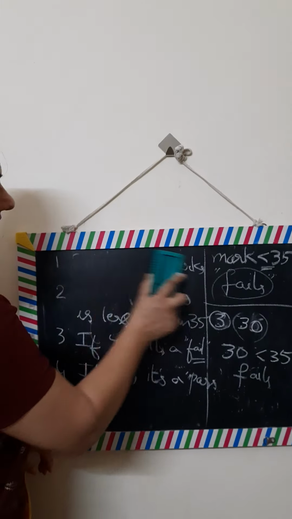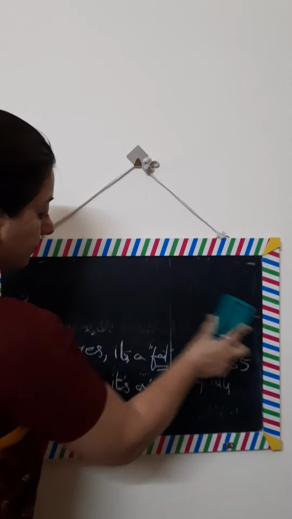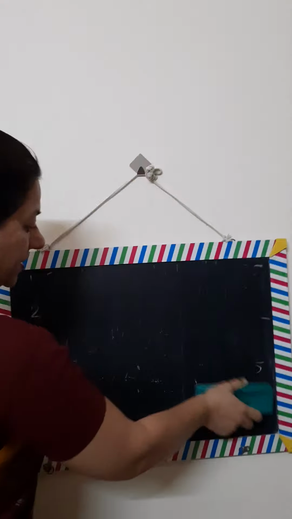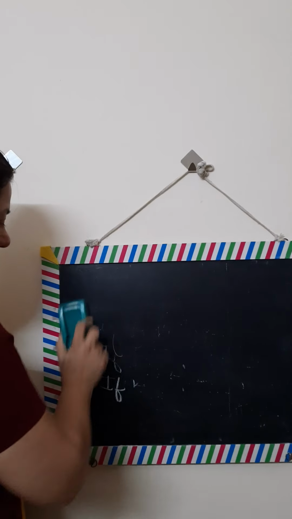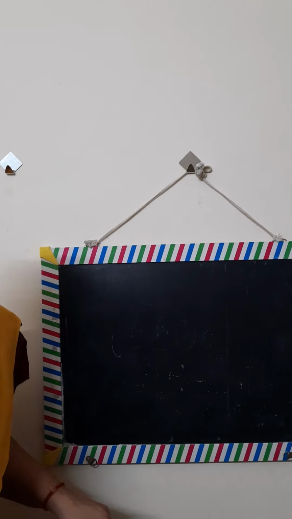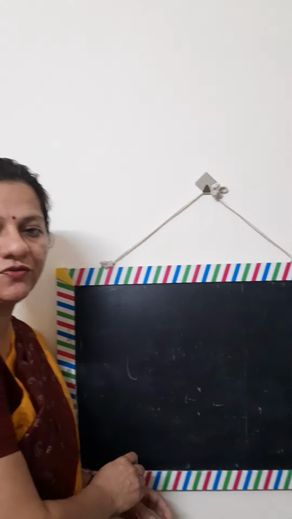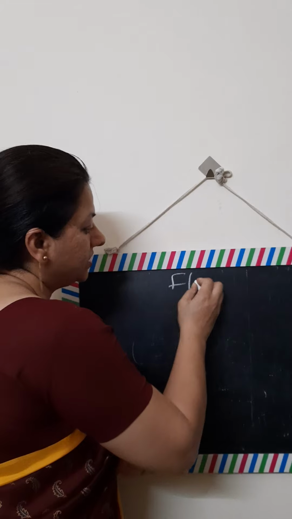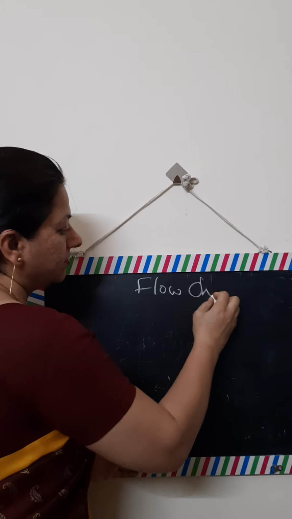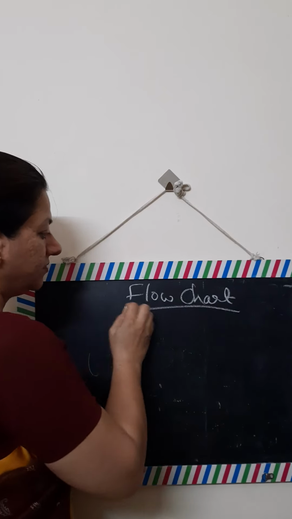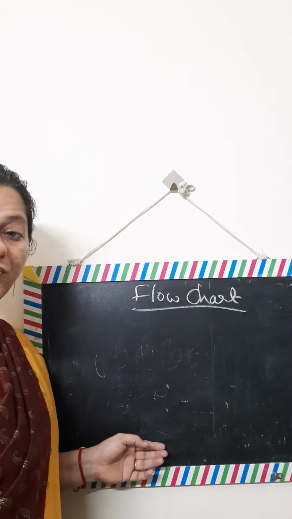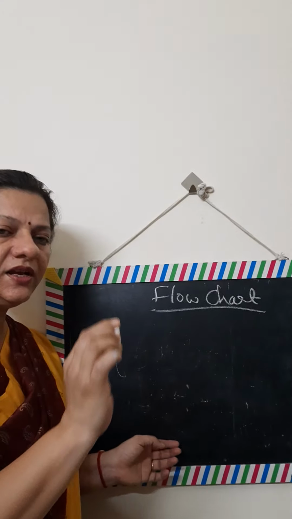Now to see that, you have to understand what are the different elements or components of a flowchart. Okay, so take this up as flowchart. Now flowchart, it's very easy.